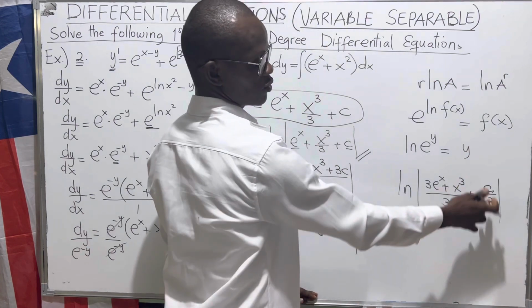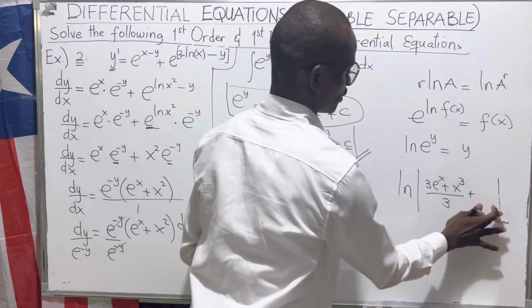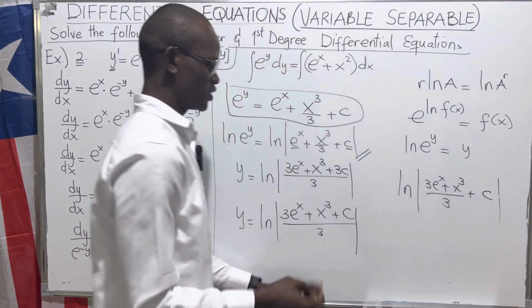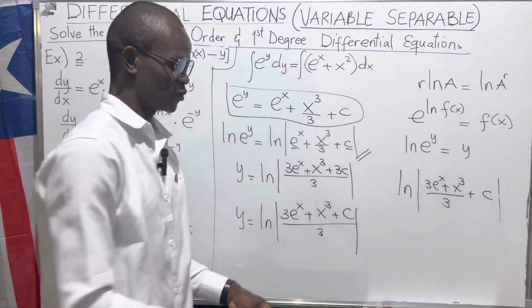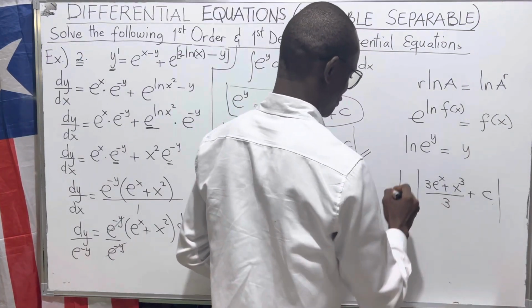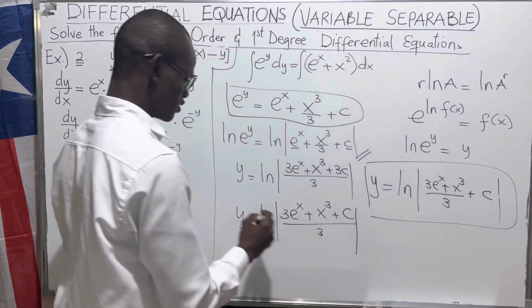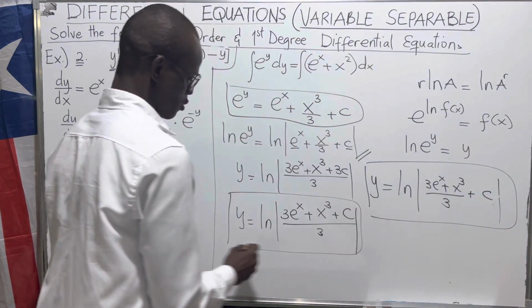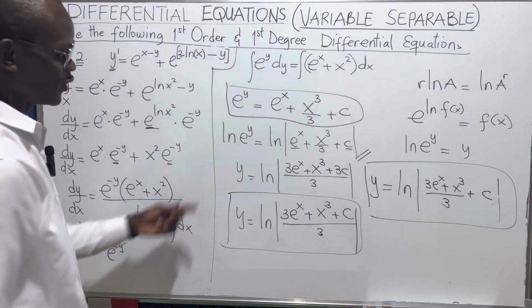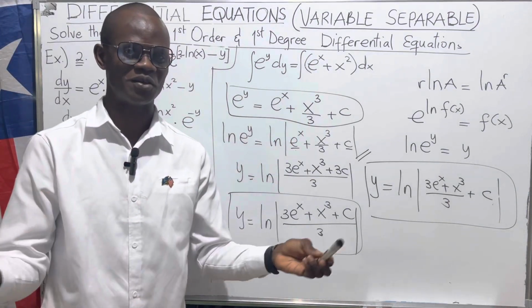We know that this c over 3 is just equal to c, because c over 3 is the same as a constant. So you just take c. You could take any of these to be your final solution, whatever the case might be.